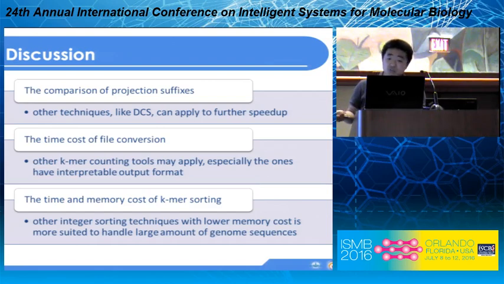It would be very beneficial to reduce the practical running time if other k-mer counting tools with an interpretable output format can be applied. And thirdly, the construction and the analysis of de Bruijn graphs relies on the sorting of the k-mers. This is still not cost-effective. This should also be better implemented to further reduce the cost.